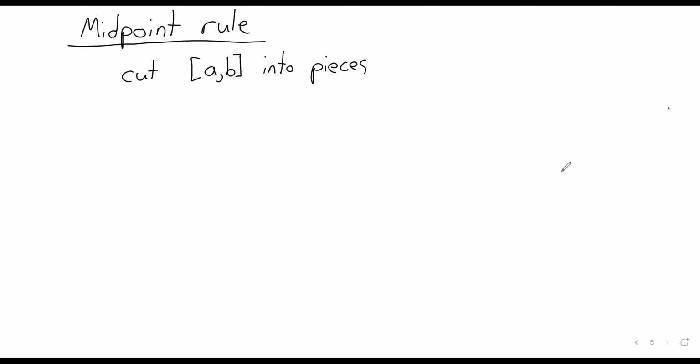We cut the interval we're looking for into pieces. In terms of the midpoint rule, the pieces don't have to be equal size, but usually they will be. So we get a bunch of pieces that look like this.